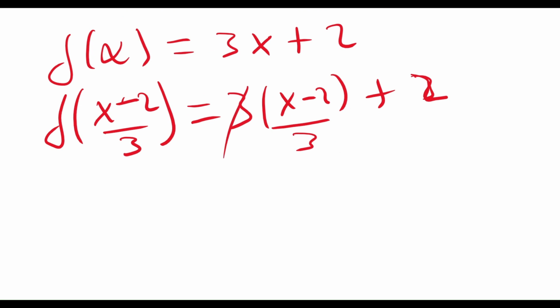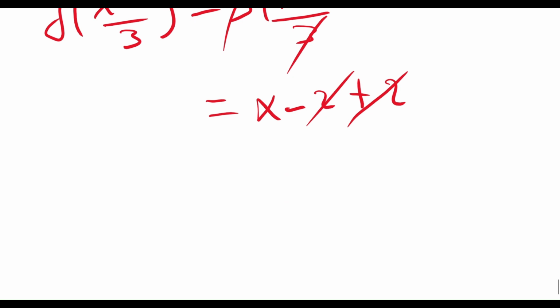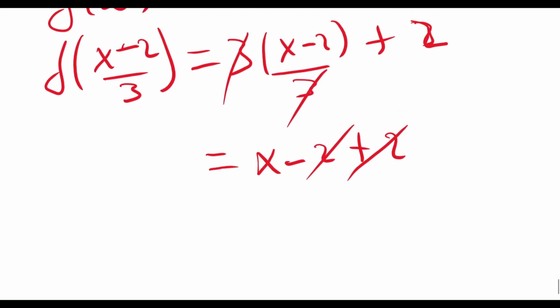So we can cancel this and this. We're going to have x minus 2 plus 2. So if we cancel these two, our condition satisfies that the inverse function as an input of the original function will give us x, right?